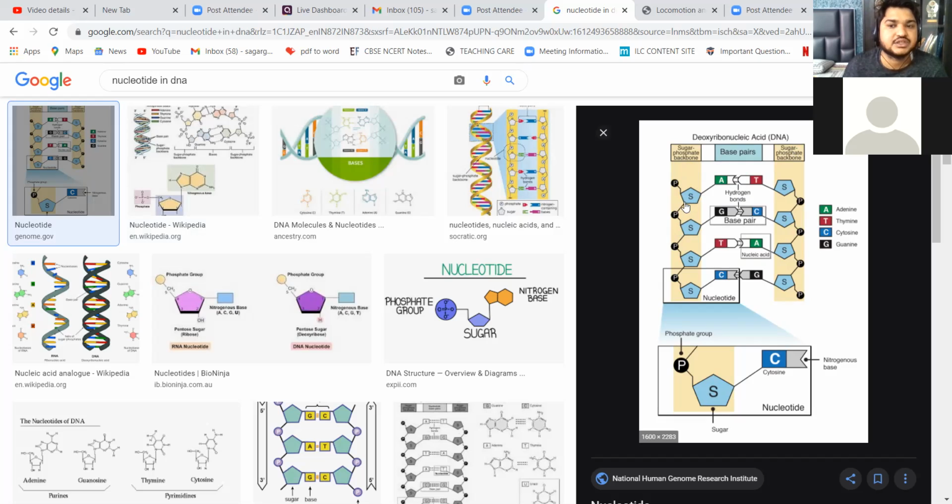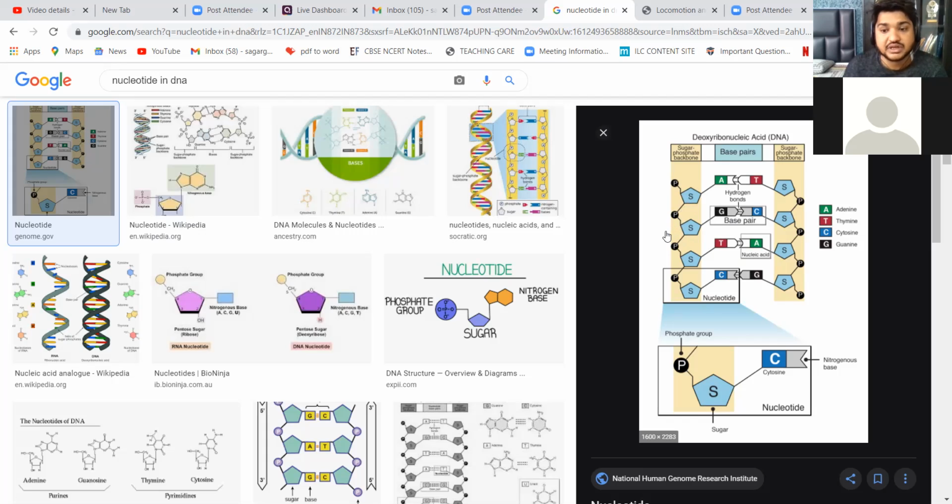At carbon number 3 there is a bonding downward. This is one nucleotide, and one nucleotide attaches to the other nucleotide at the carbon number 3 of the first. This is the carbon number 3 of the first, but this is the carbon number 5 which is going to attach here.